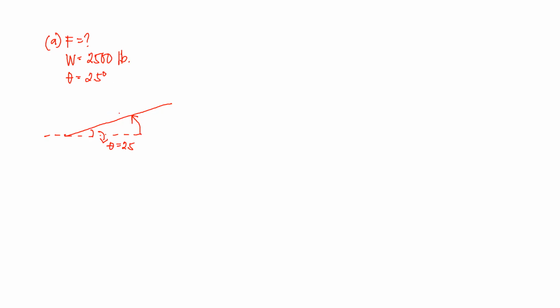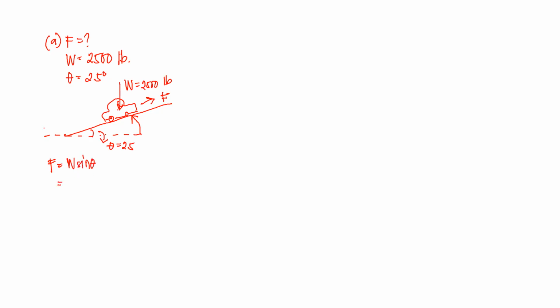And then, the car moves. The wheels turn. Its weight, of course, is going downward. Weight is equal to 2,500 pounds. So, how much is the force going uphill? So, simply, we use the equation F is equal to weight sine theta.